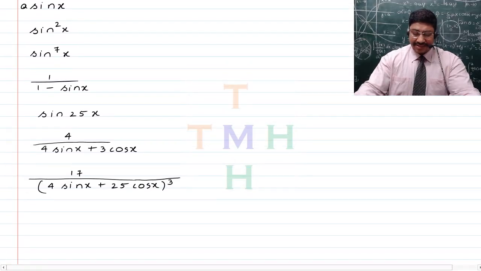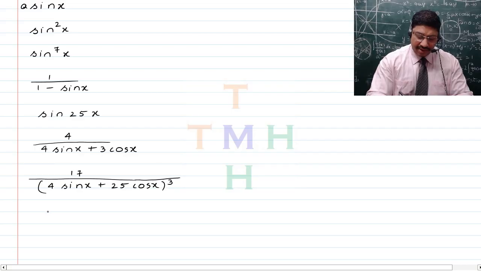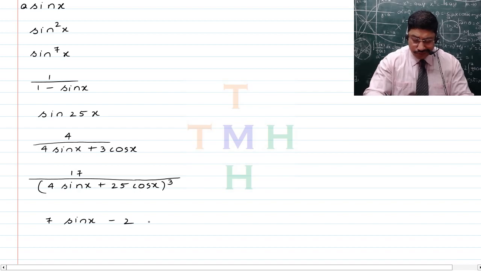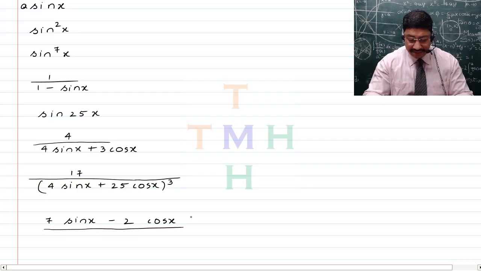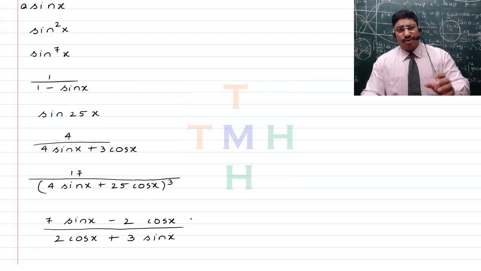Next, after this, we have a function which is there in the numerator as well as in the denominator. So if we have 7 sine x minus 2 cos x divided by 2 cos x plus 3 sine x, like I told you, there is a way where we take tan x upon 2 to be theta and we deal with it.